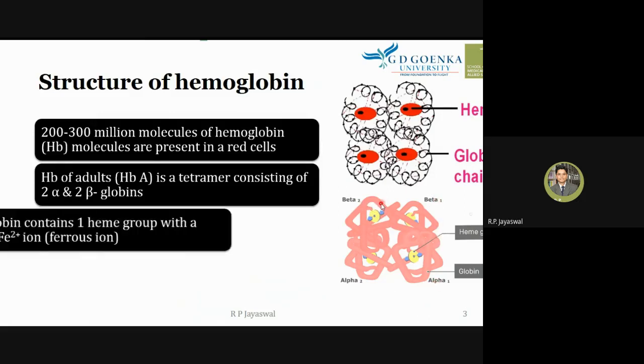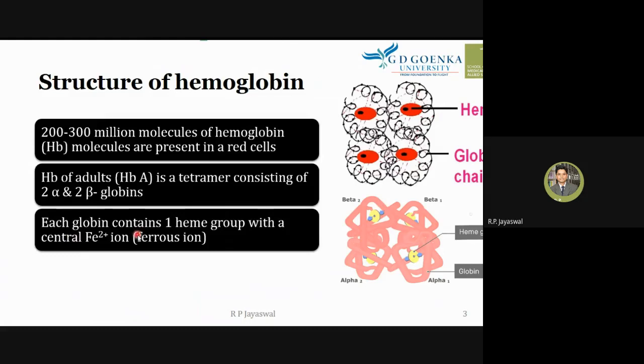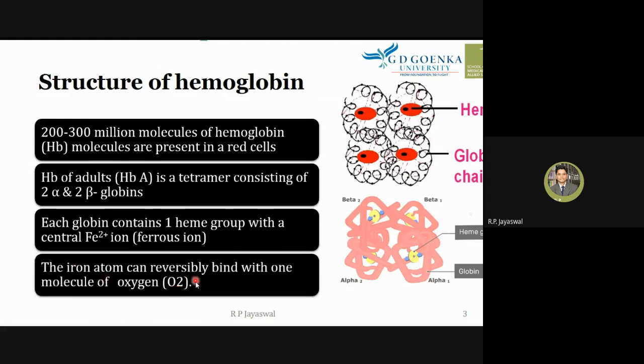Each globin contains one heme group with a central iron, which is in the ferrous form. So in each globin pocket there is one heme group, and at the center of the heme there is an iron. The iron atom can reversibly bind one molecule of oxygen.